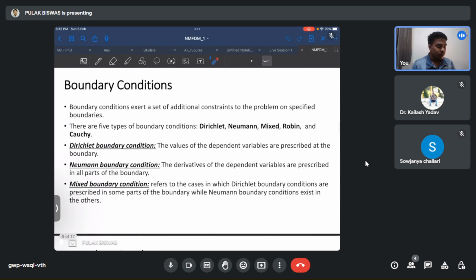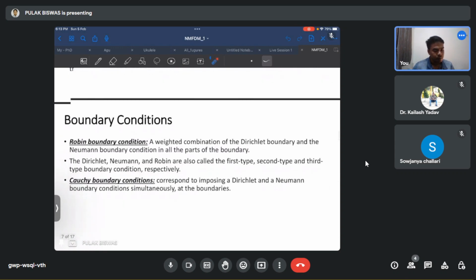But for the Neumann type, the derivative of the primary variable is specified. And there can be a mixed boundary type as well, where the Dirichlet condition may be specified at one part and the Neumann condition at the other end of the domain.